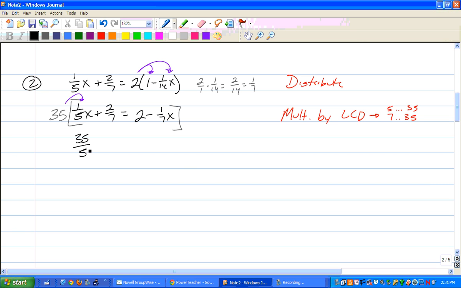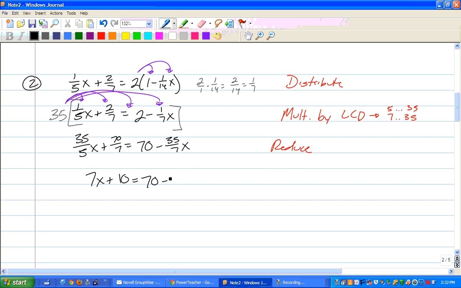So that gives us 35 over 5x plus 35 times 2 is 70. 35 times 2 again, 70. 35 times 1 is 35. Next, we're going to check to see if we can reduce these. 35 over 5 is 7x. 70 over 7 is 10. And that gives us 5x.